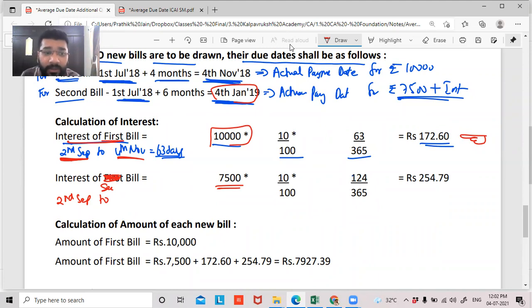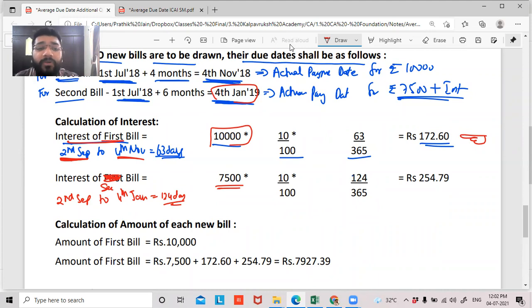Just now we calculated. So from 2nd September to 4th of Jan, there is a delay of how many days? Can I say 124 days? Please calculate and tell me. The 7,500 rupees you have paid in delay for 124 days from the average due date.